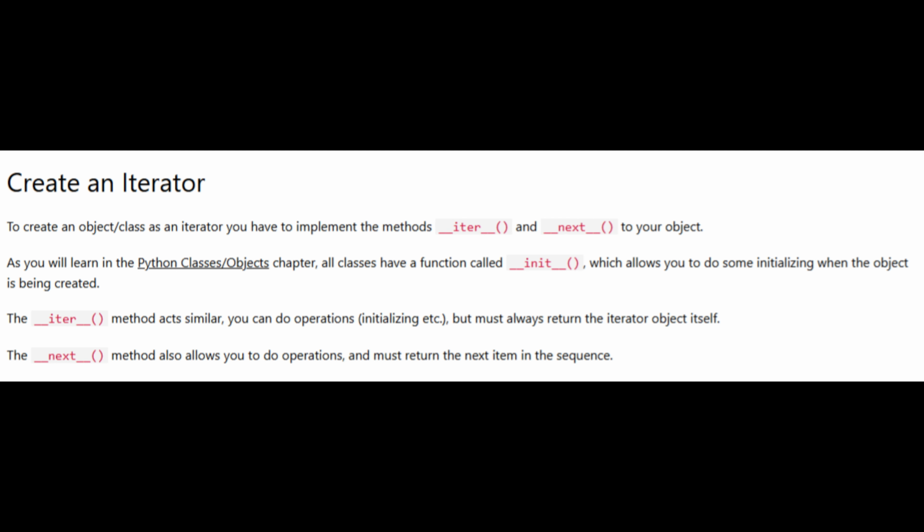All classes have a function called __init__, which allows you to do some initializing when the object is being created. The __iter__ method acts similar. You can do operations, initializing, etc., but must always return the iterator object itself. The __next__ method also allows you to do operations and must return the next item in the sequence.